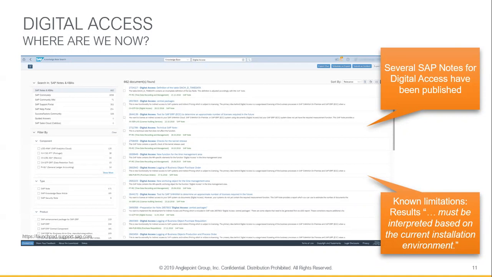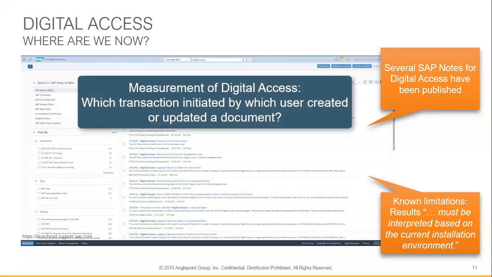We see other limitations where it says, this is the approximate number of licenses that are required in the future. You can see the third one from the top says that, right? So we can see that there are limitations with these notes.